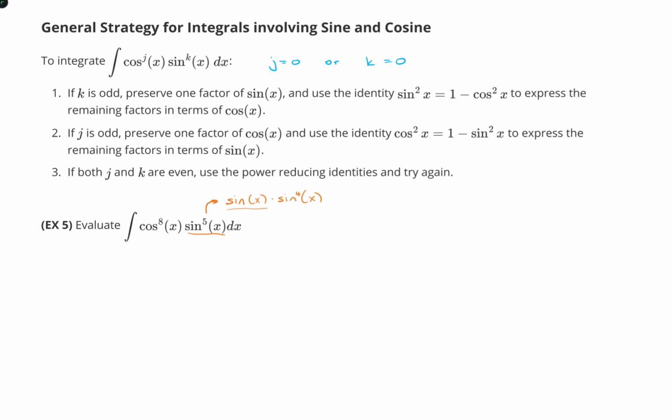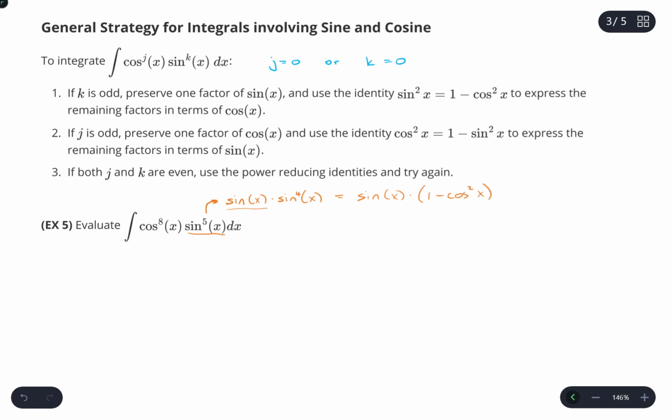But these remaining factors of sine to the 4th, I could write as sine squared times sine squared, which would be the same as 1 minus cosine squared x times 1 minus cosine squared x. And in that case, I can then distribute and multiply.